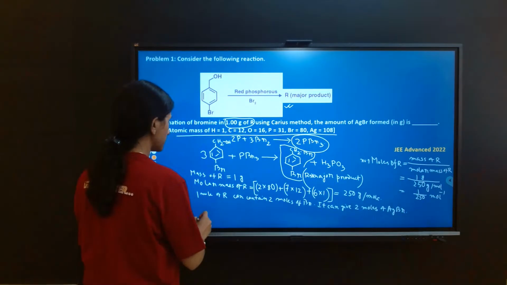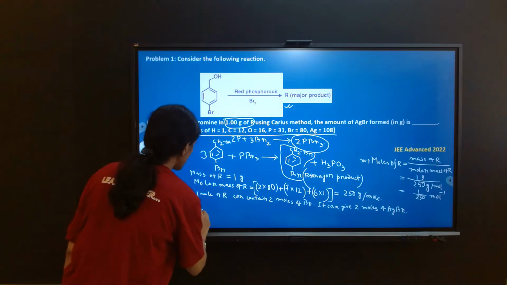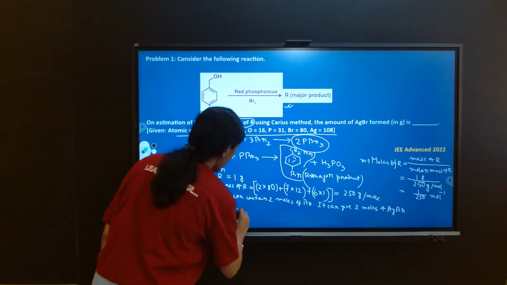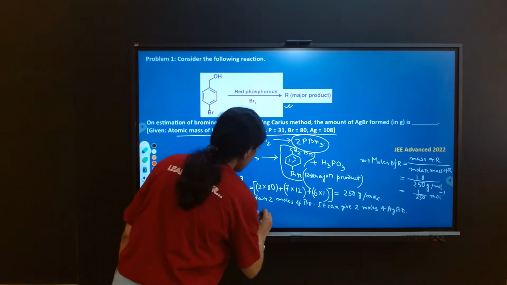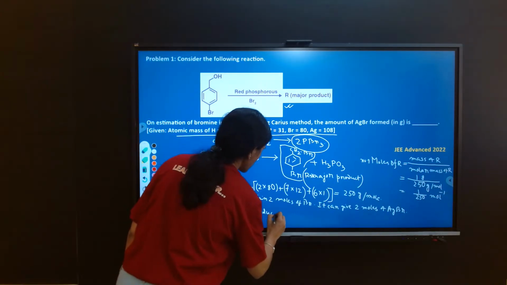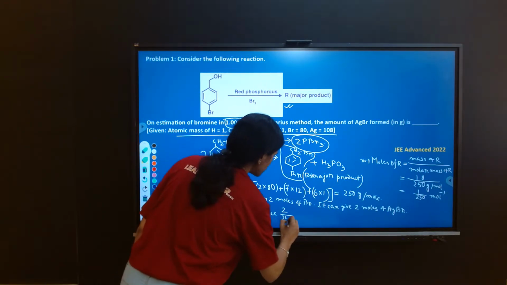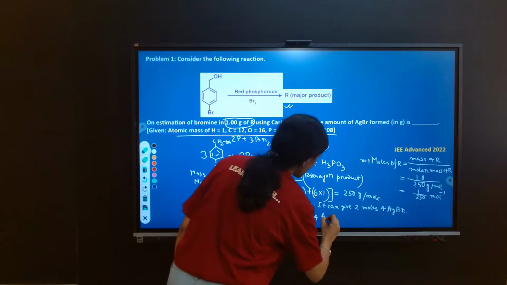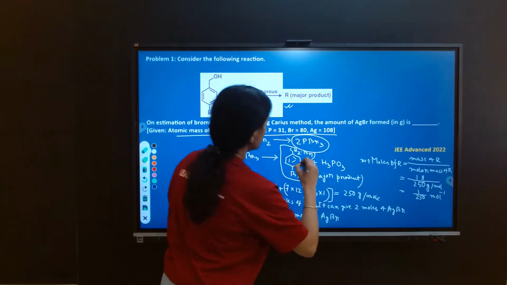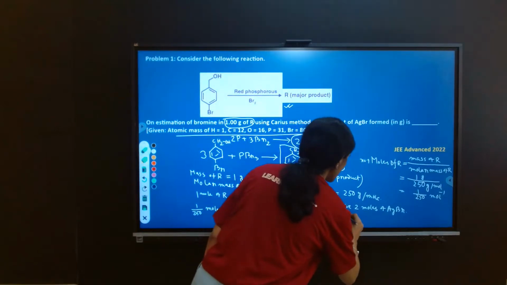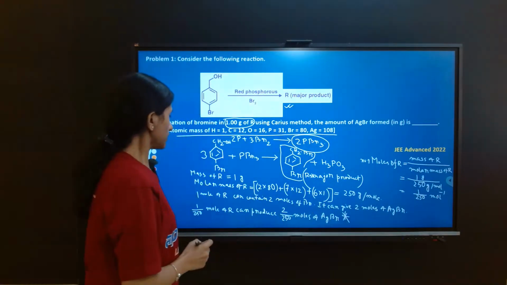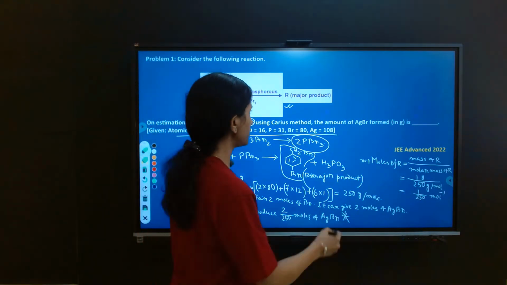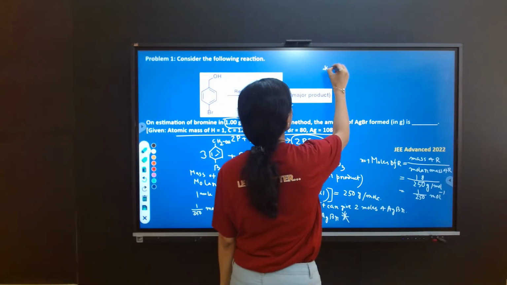So what can we write? 1 by 250 mole of R can produce 2 by 250 moles of AgBr, right? Now the rest of the problem we will solve on top because we are running out of space here. So 1 by 250 mole of R can produce 2 by 250 moles of AgBr that we have calculated.